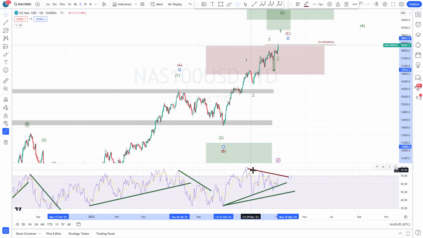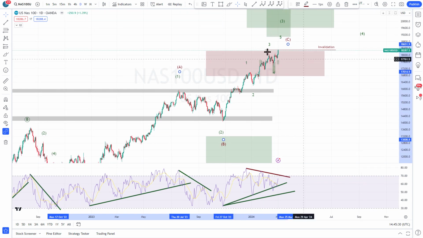But if we would take out the RSI right here, it would mean this is no longer a fifth wave, but the beginning of a new cycle. So a new RSI reading, a new upward cycle. And so that would mean that this bearish scenario is definitely invalidated, because then we are simply no longer in the wave B area, and we also started a new cycle, which means more upside to come.